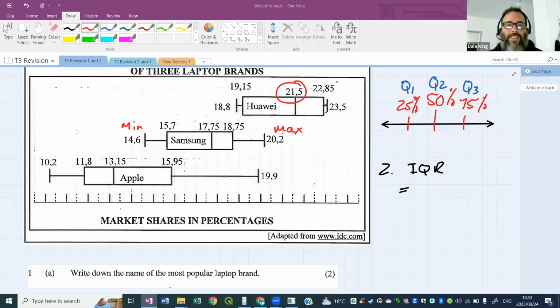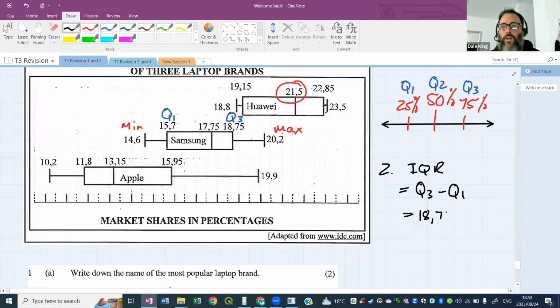All right, so we have to find the interquartile range, the IQR, which is the Q3 minus the Q1. That's what Ben said earlier tonight, right? Q3 minus Q1. Where's Q3 minus Q1 on Samsung? There's Q3. Here's Q1. So it is 18,75 minus 15,7.